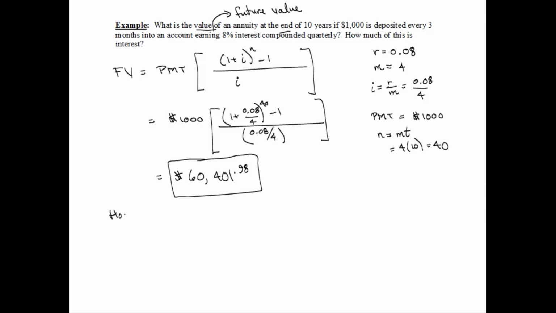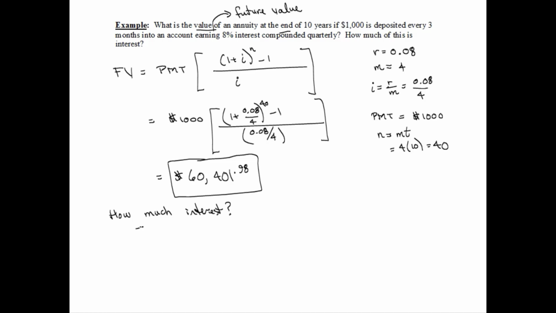Now we want to figure out how much interest was paid. To do this, we have to remember that interest is the cost of borrowing money. Everything that is not principal that was paid directly into the account, everything extra is interest.